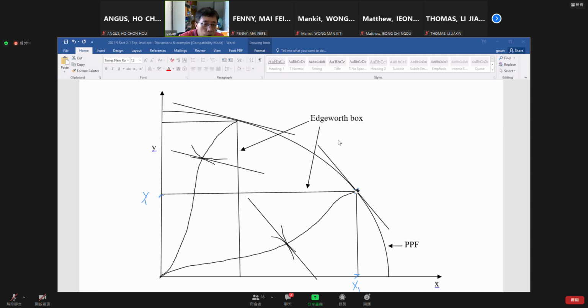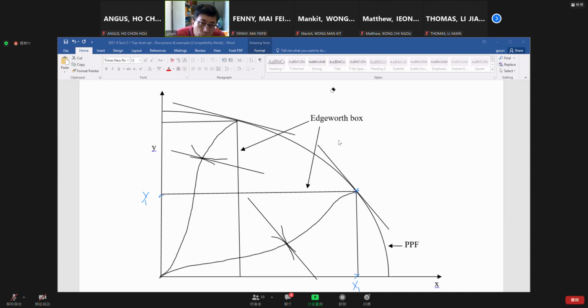So when we discuss exchange optimal, we are focusing on one part of the whole story. We fix the production plan. It's already done, and we don't consider it again. Then for this Edgeworth box, we can draw the so-called Pareto set.